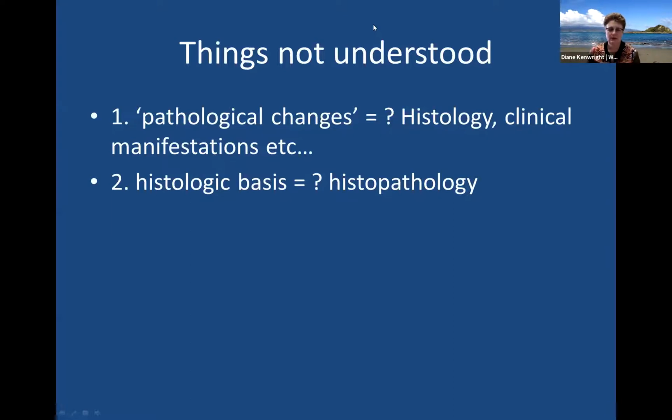So describe the histologic basis of POAG. Okay, they would expect you to describe the histology that you would see in the angle. Or the histologic basis of lattice dystrophy. They would expect you to relate what you see down the microscope in terms of what you see clinically. Okay.